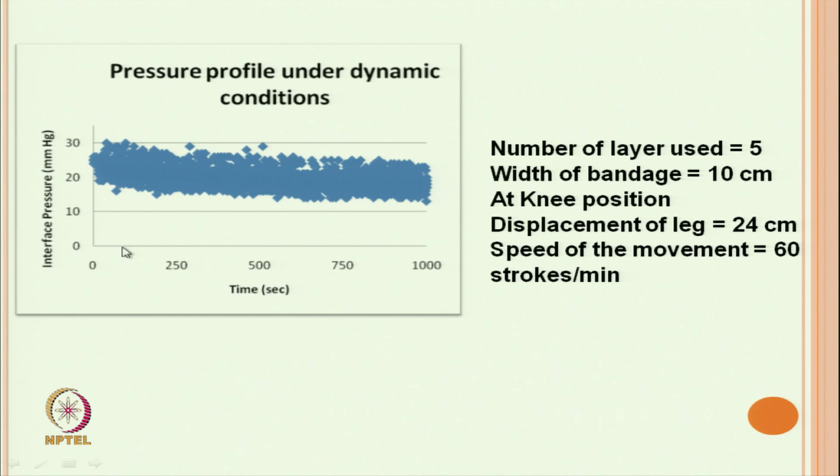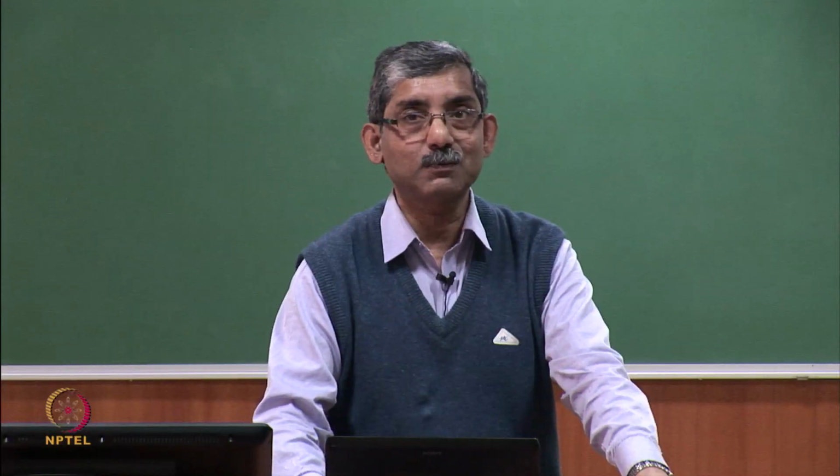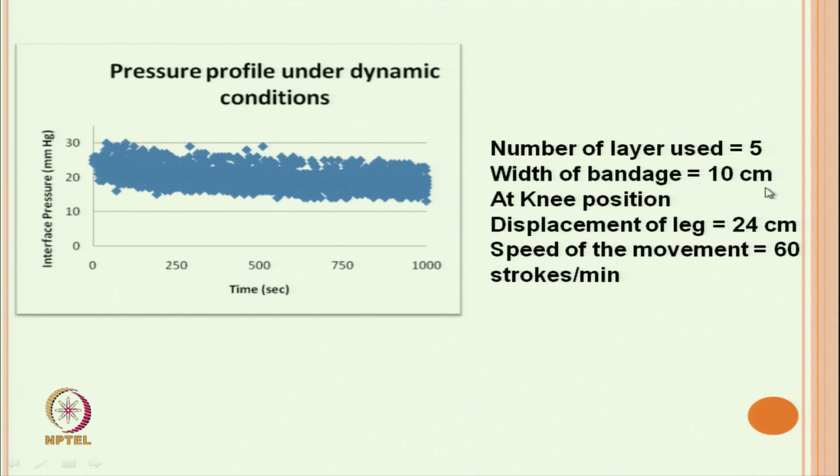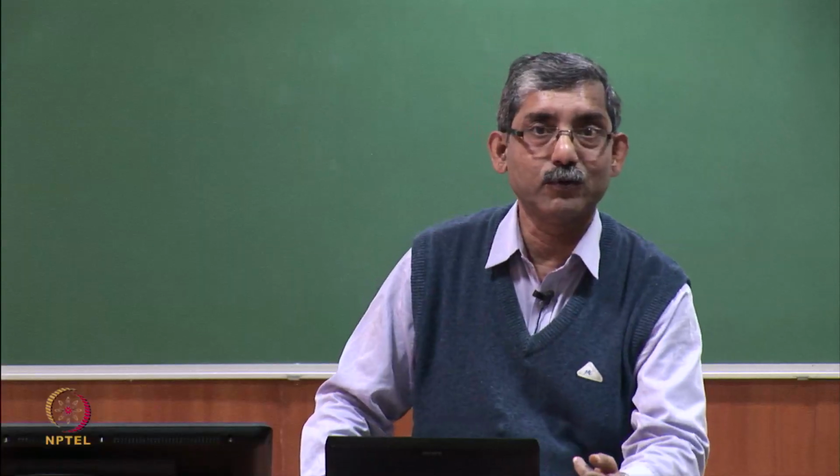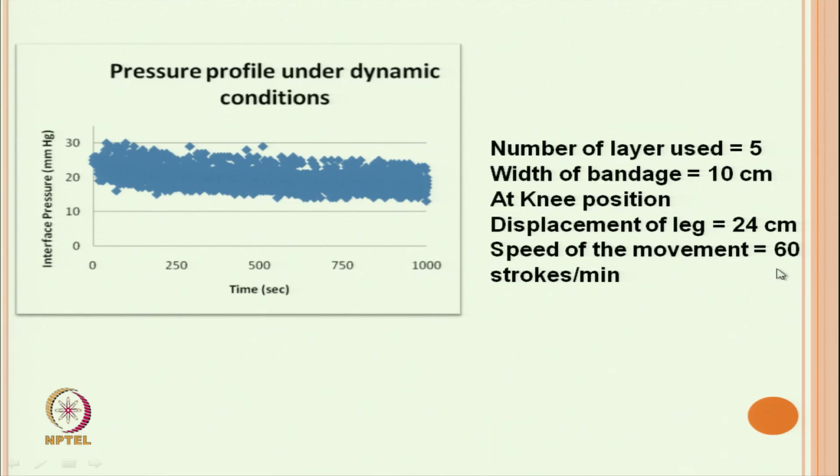This is the type of profile we get in the instrument, where the number of layers used is 5, that is, bandage layers were kept 5, the width of the bandage was 10 centimeter at the knee position, and the displacement of the leg, that is, while walking it will simulate the step length, was 24 centimeter, and the speed of movement, that is how fast he is putting steps, is 60 strokes per minute.